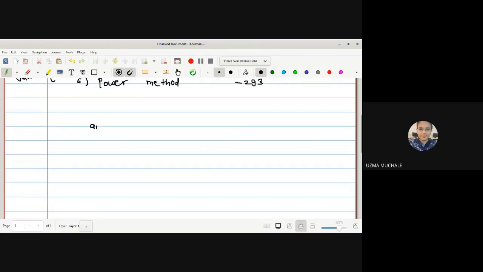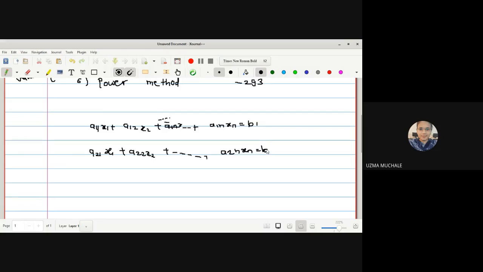Actually, this is like a11 x1 plus a12 x2 plus so on, a1n xn. Next is the next equation, a21 x1 plus a22 x2 plus so on, a2n xn.